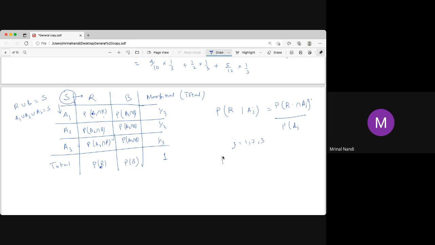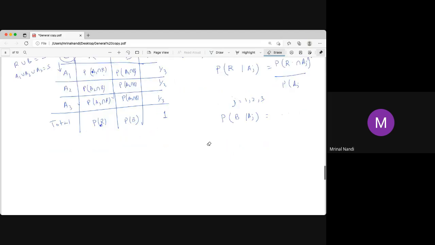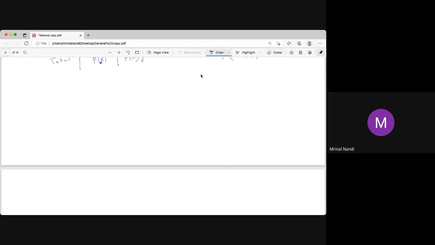Similarly for the probability of blue given Aj. Using this, you can find the intersection part, and then you can easily find this marginal. Now there is a tree notation for this, a branching notation. So this is S, the total probability is 1. Now you have 3 branches.